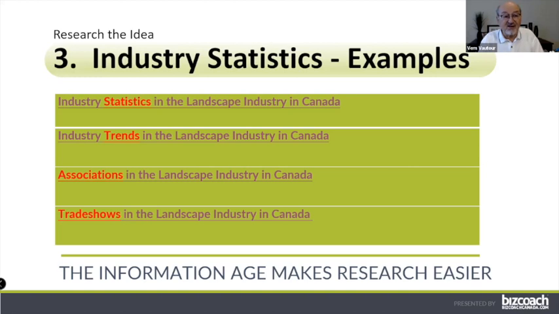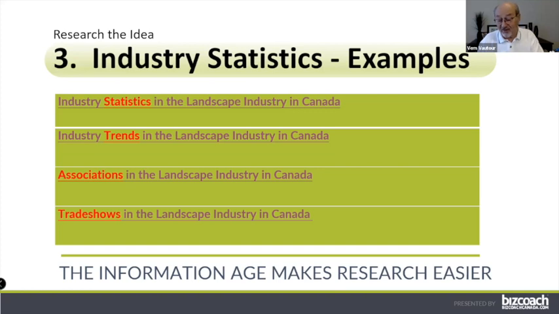So here's the key thing. Google is my friend, and I find information extremely fast just by sticking to the program here. If you want industry statistics in your industry, then you type industry statistics, your keyword, and then in Canada or in Ontario or in Australia. It doesn't really matter where the location is, but in this case we're Ontario and Canada based.